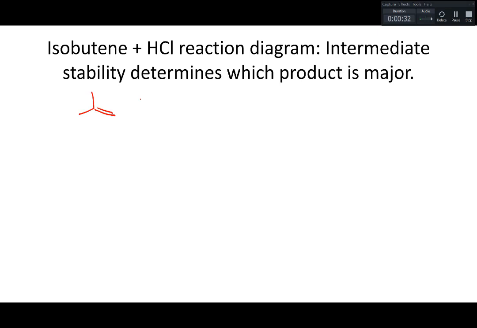Now we're going to react it with HCl, and this will be the mechanism. So in the first step of the mechanism, we attack the hydrogen, and then the electrons between the hydrogen and the chloride go to the chlorine, and then I end up with a carbocation, like this. Now, I could have also ended up with this carbocation.